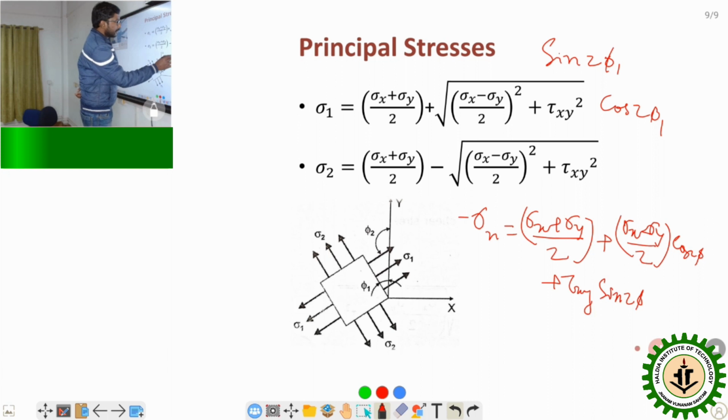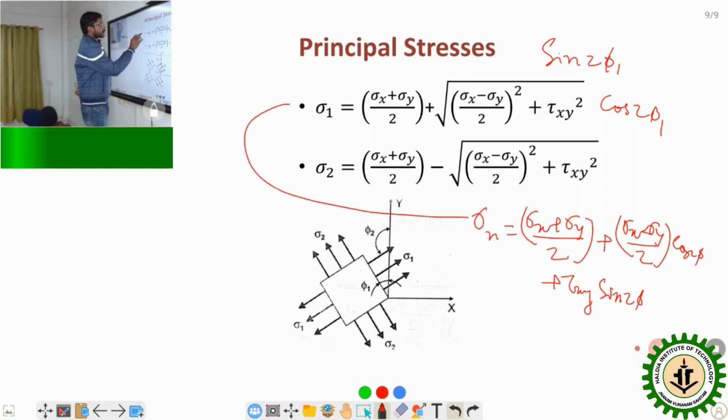Finally, the maximum normal stress or the major principal stress sigma 1 is basically sigma x plus sigma y by 2 plus under root sigma x minus sigma y by 2 whole square plus tau xy whole square.